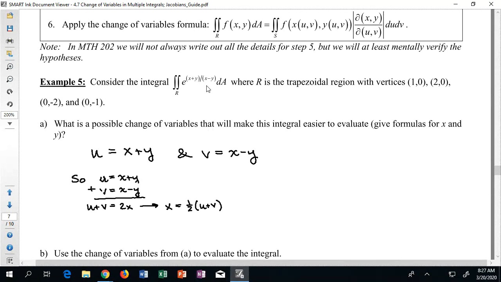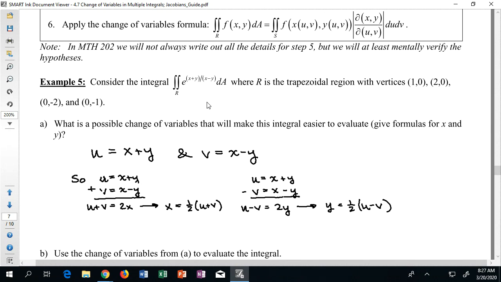If I have that x is equal to a half of u plus v, I could also go ahead and think about how I could solve for y. An easy way to do that, that doesn't involve too much messy algebra, would be to take the exact same equations and just subtract them. This would get me u minus v is equal to 2y.